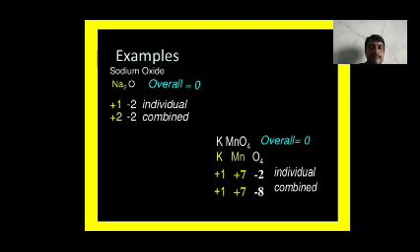Plus 1 minus 8 plus Mn is equal to 0. Mn minus 7 is equal to 0. Therefore, Mn is equal to plus 7. Manganese's oxidation state in KMnO4 is plus 7.